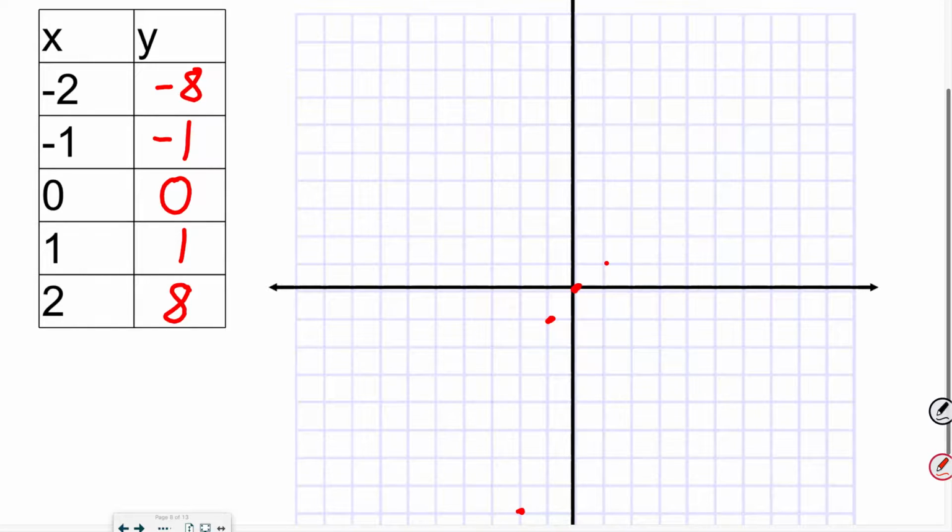And 2, 8. What does this look like? Is this linear? What do we know? It's not a constant rate, it's not a straight line. It actually kind of looks like this.